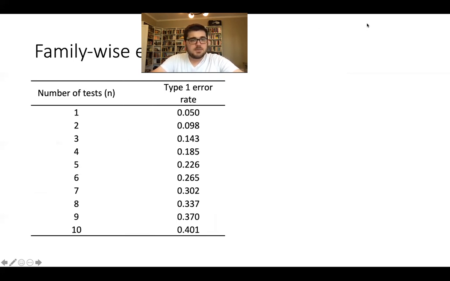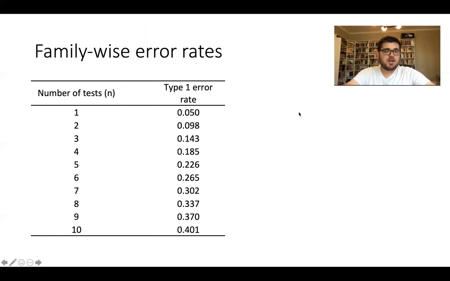Another important concept from this chapter is a family-wise error rate. And the reason I talk about these family-wise error rates is because it puts a limit on how many tests you can do on the same data set. And that's why you can't just do a bunch of t-tests.